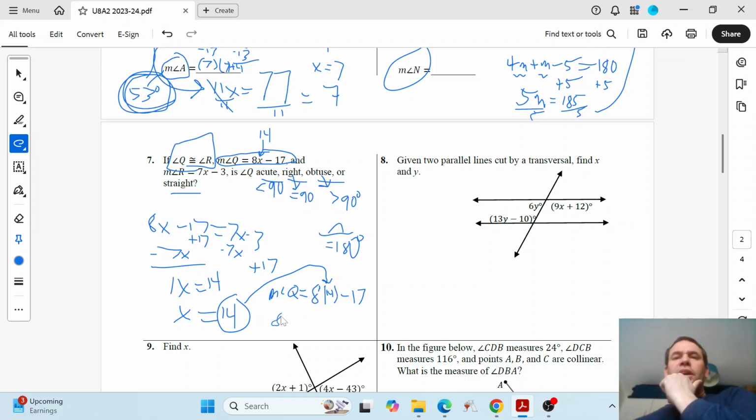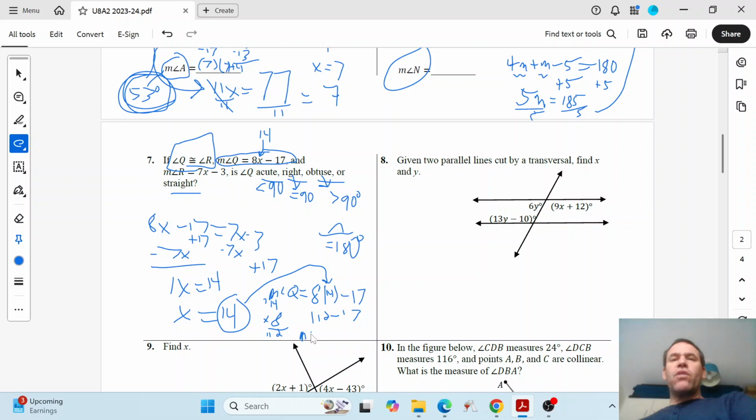So 8 times 14. 8 times 4 is 32. Carry the 3. 8 times 1 is 8, 9, 10, 11. So we're getting 112. So 112 minus 17: minus 12 gets us down to 100, and then minus 5 more. So that's 95.